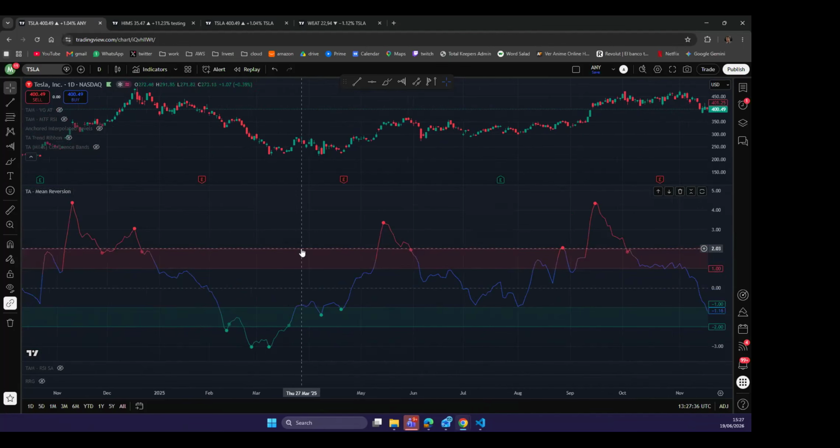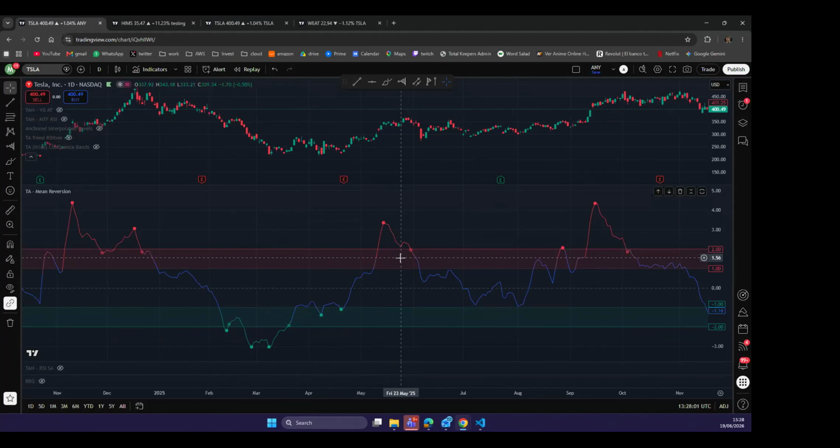Obviously we have the bands, from 1 standard deviation to 2 standard deviations. That's, let's say, regular. This is not price standard deviation. This is the standard deviation over the oversold and overbought metric. So it's not basically asking whether it is oversold based on the price action. It's a little bit more nuanced.